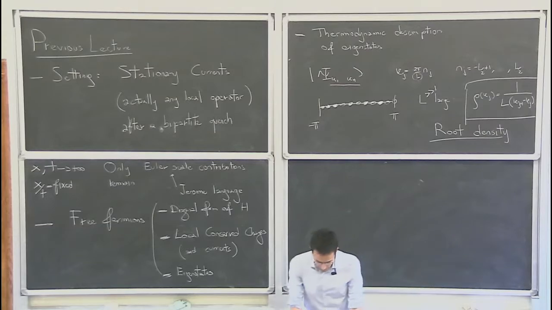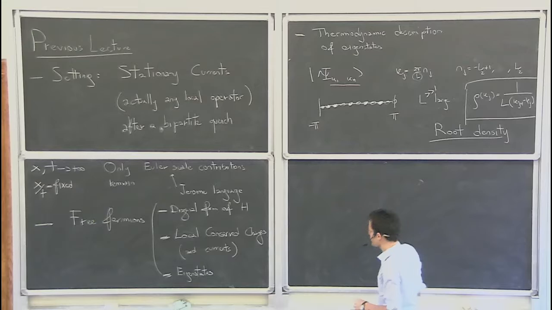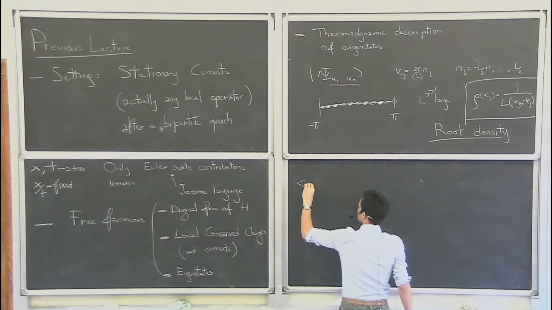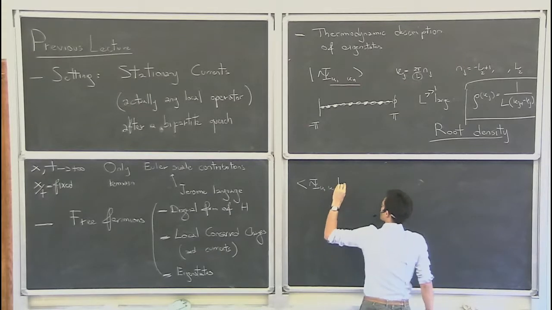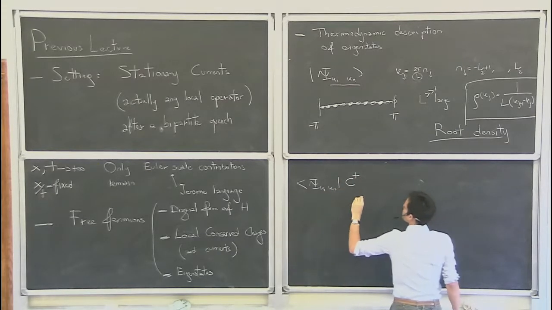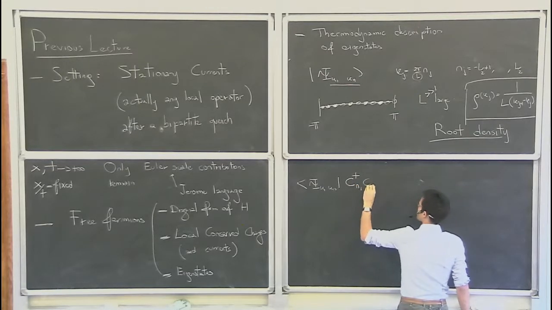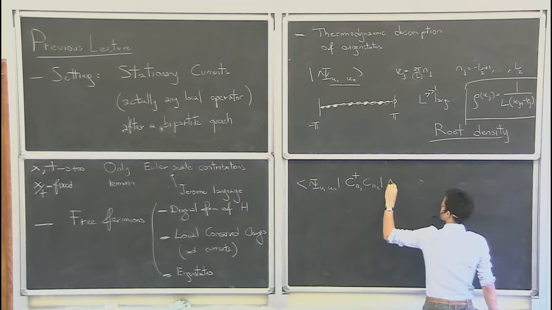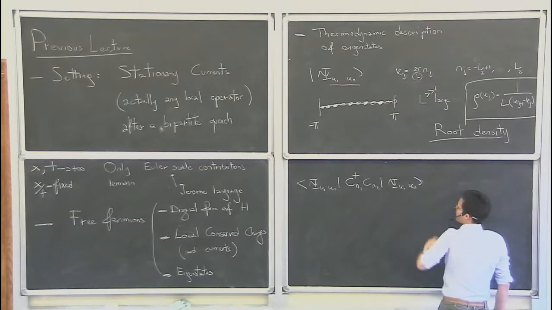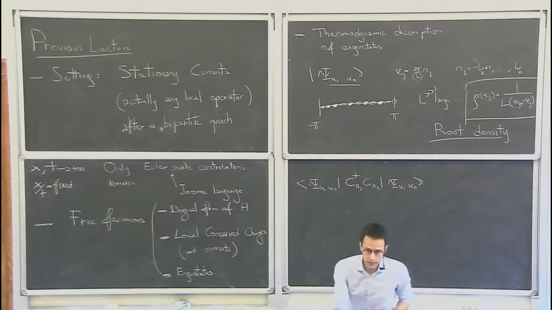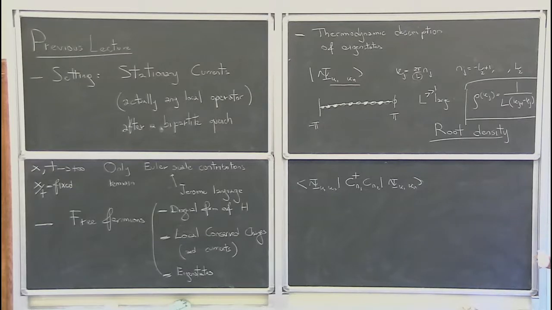All right, so the first thing I will show you is that if I consider the expectation value of a two-point function of the fermions, this thing in the thermodynamic limit is entirely described by the function I just introduced.